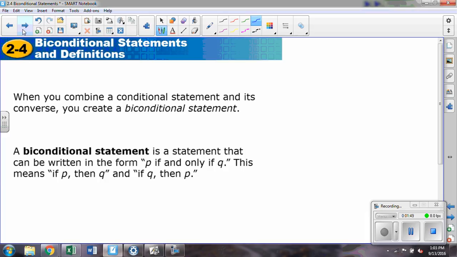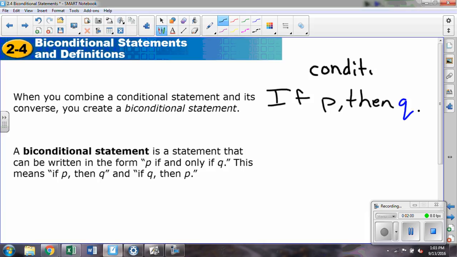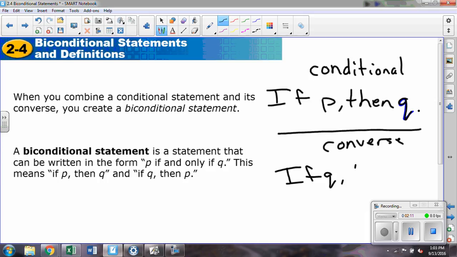At its most basic level, we have already seen that we could have if P, then Q. That was a conditional statement. We also saw that the converse of that would be if Q, then P. Ultimately, in symbolic format, the conditional was P implies Q, and if we go backwards, Q implies P, we get the converse.